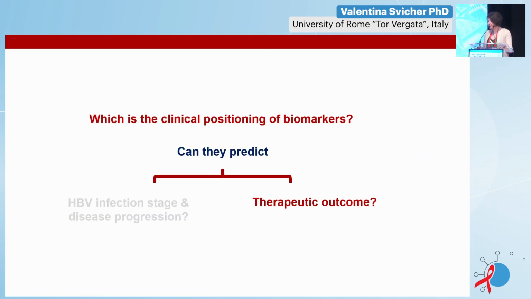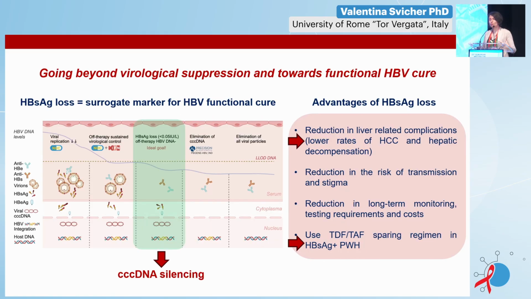But of course, the role of these biomarkers has been evaluated also in the setting of therapeutic outcome. And we all know that the scientific community is evaluating strategies aimed at improving the rate of HBsAg loss.